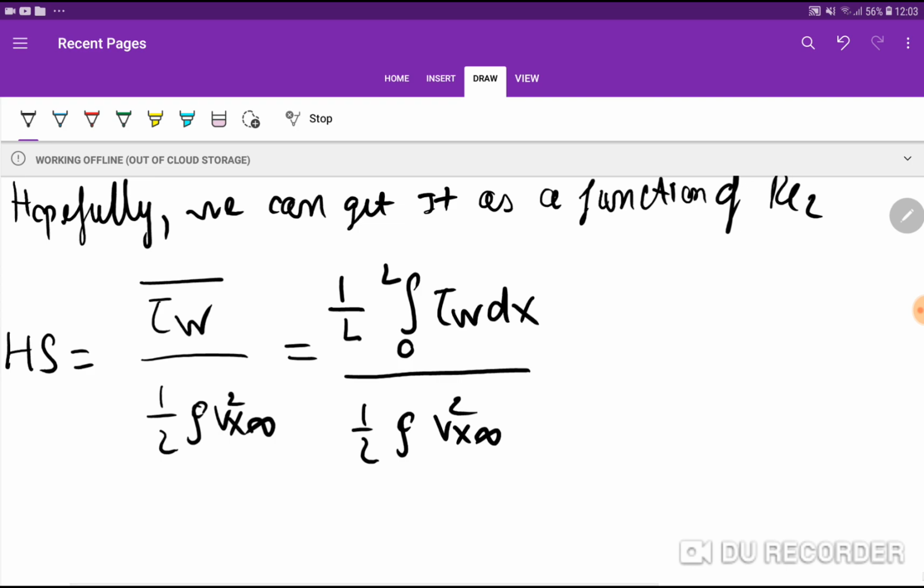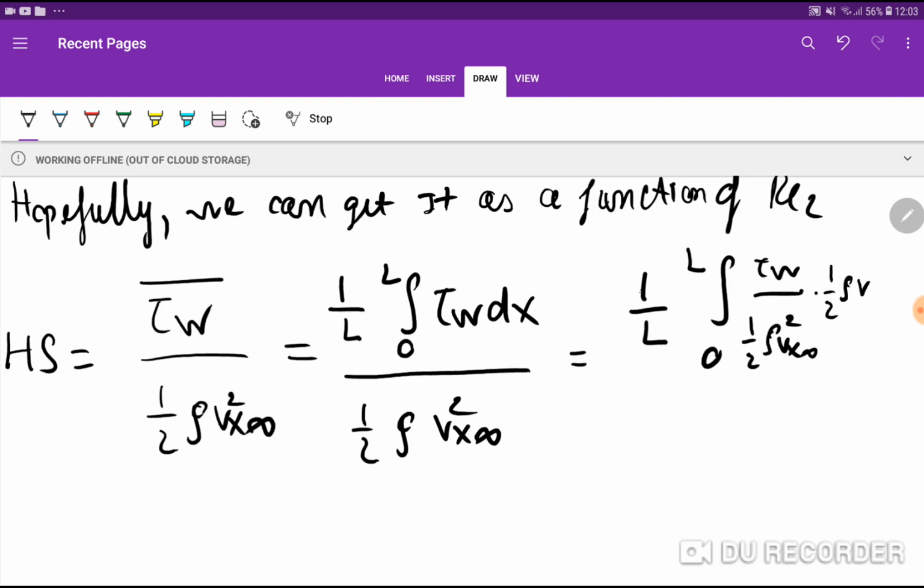So in order for this to happen, I will have to make 1 over L integral from 0 to L. I have to make 1/2 rho Vx infinity square appear. So if I borrow it, I have to return it. So 1/2 rho Vx infinity square dx over 1/2 rho Vx infinity square.